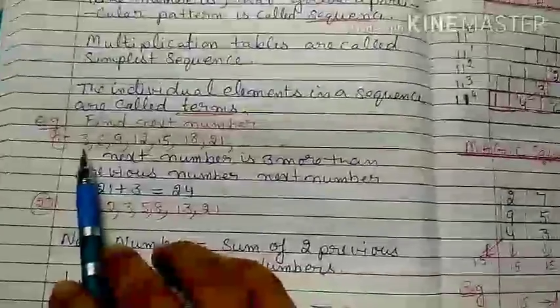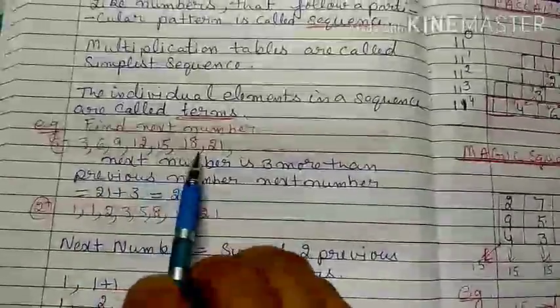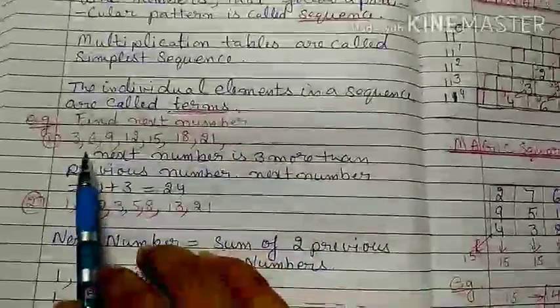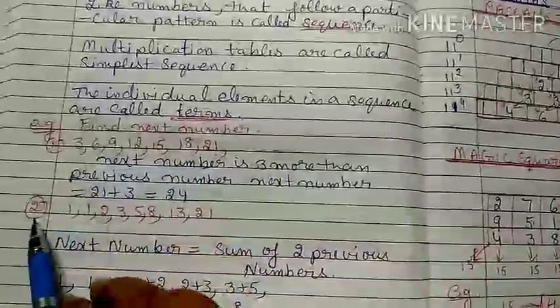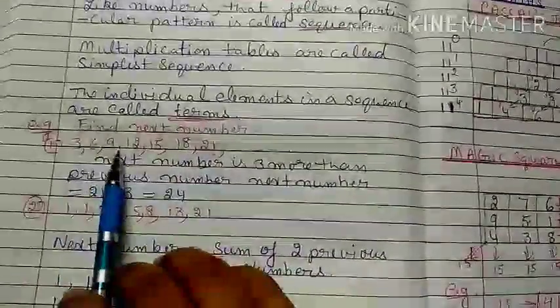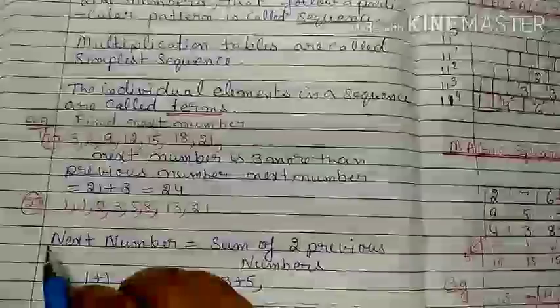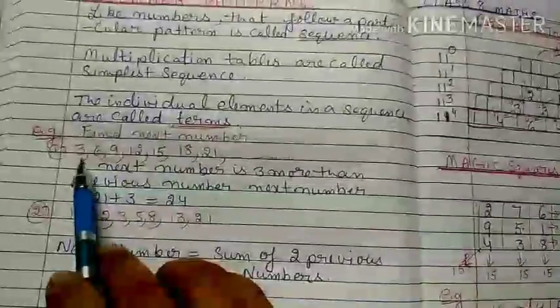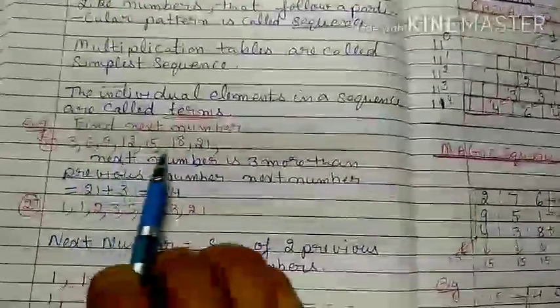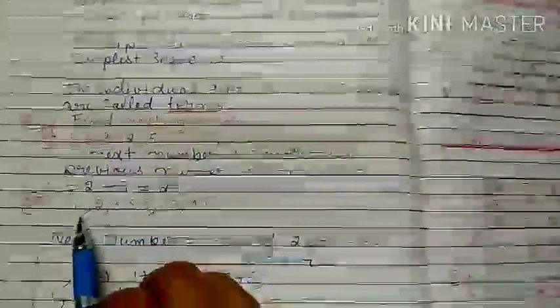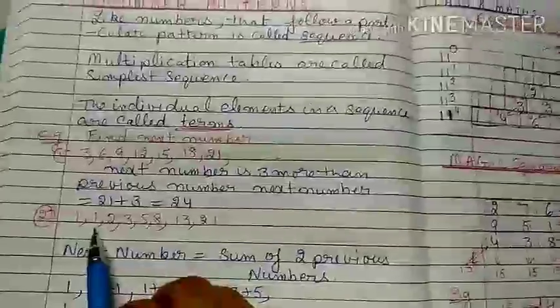Like here if I have 3, 6, 9, 12, 15, 18, 21, it looks like multiples of 3, that means 3 is added to each previous number to make the next number. So this series is called a sequence in proper form.